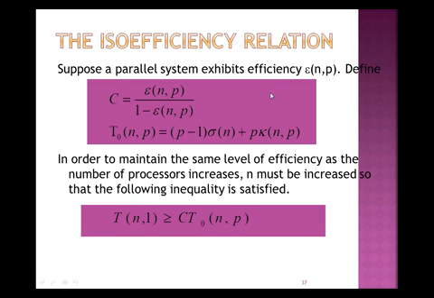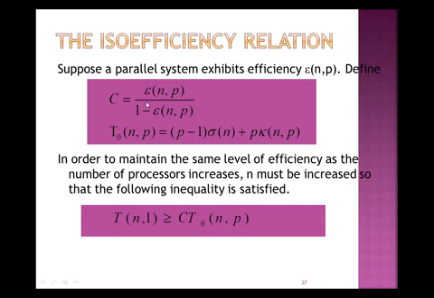This is the iso-efficiency relationship. That is, what is the relationship, how the parallel system will work. This says, suppose a parallel system exhibits efficiency epsilon(n,p), defined by C equals epsilon(n,p) divided by 1 minus epsilon(n,p).